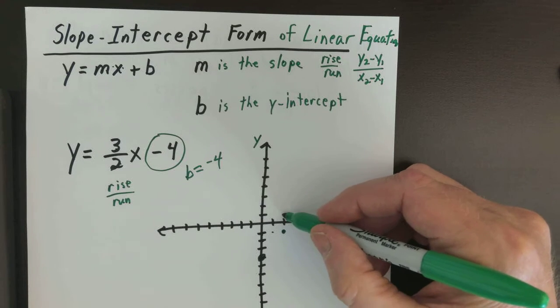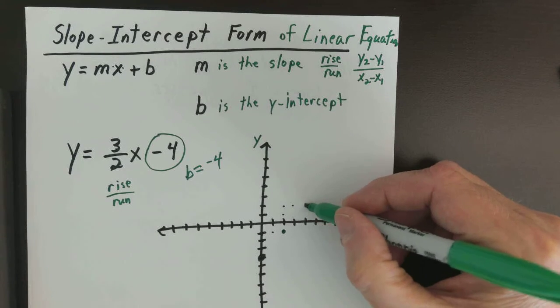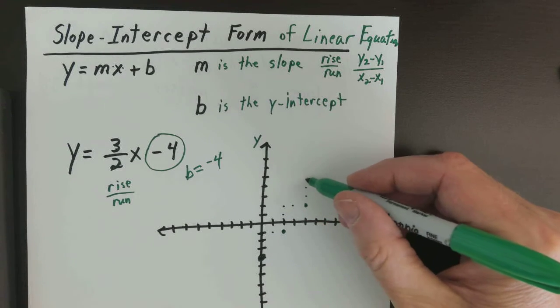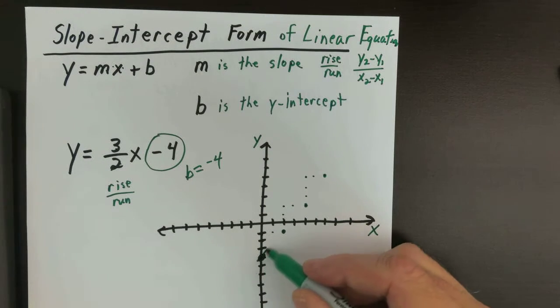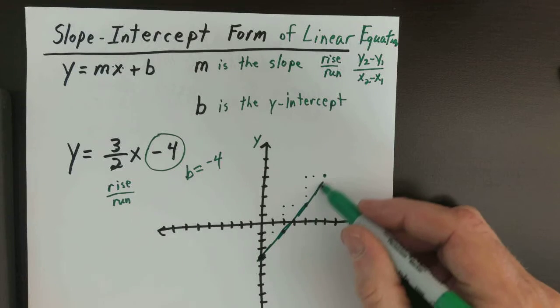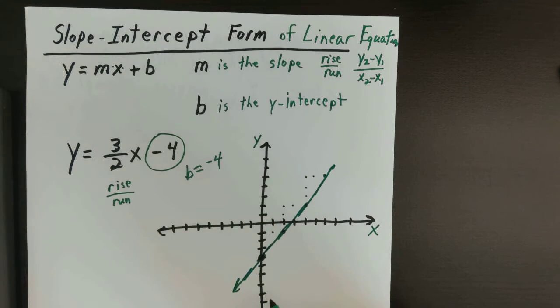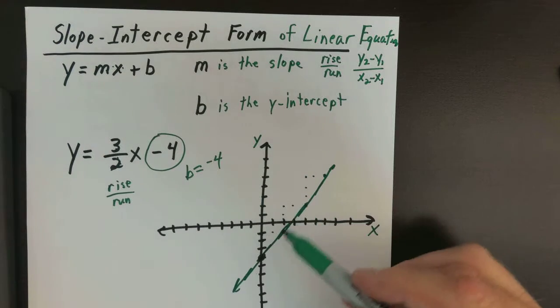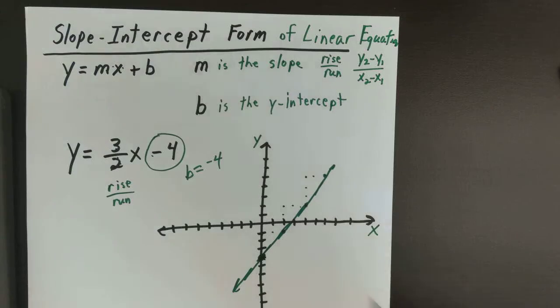Go up 1, 2, 3, run is 2. And you can see that this is the line that corresponds to this equation. It has this slope, up 3/2, and it has this y-intercept. It crosses at -4.